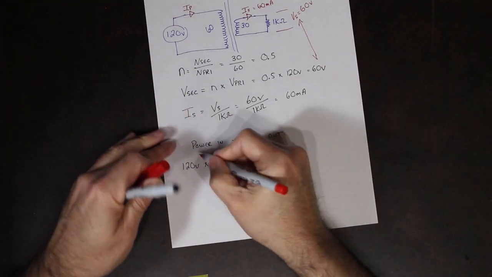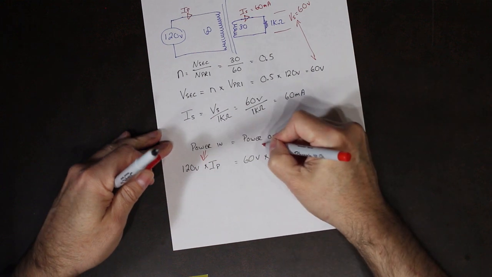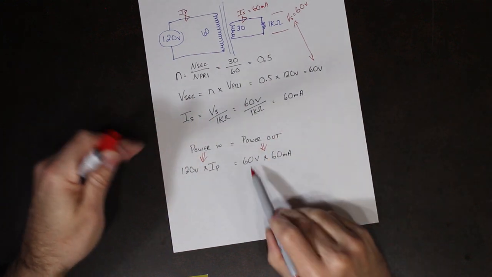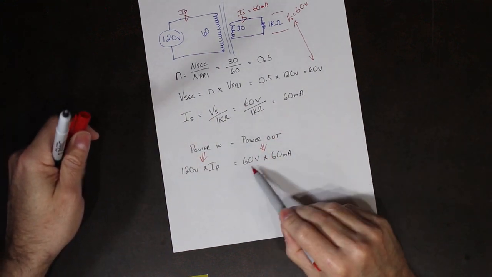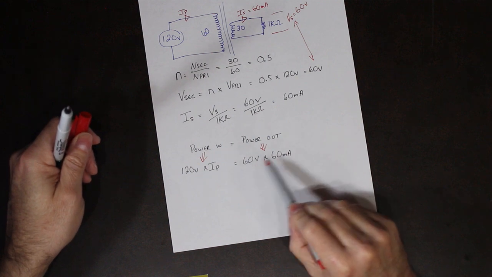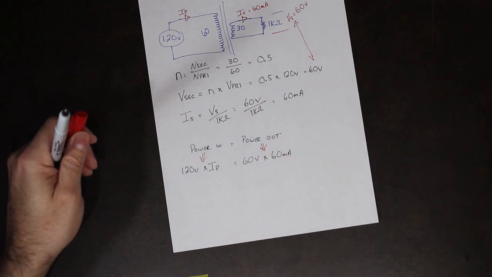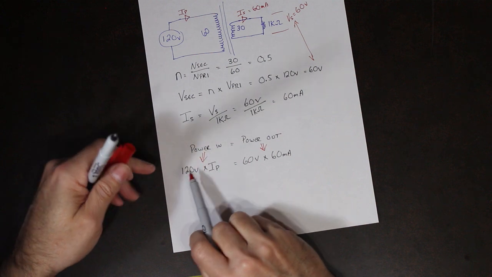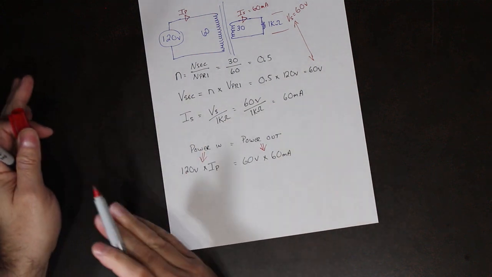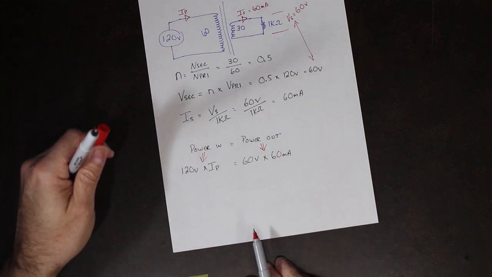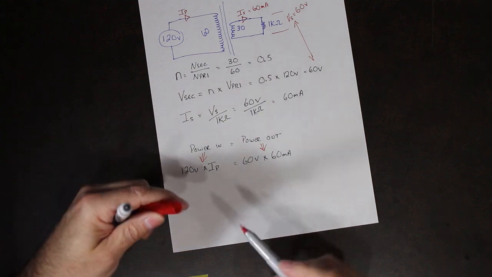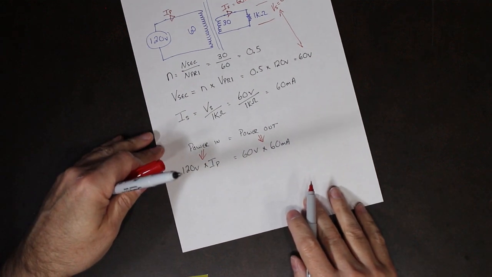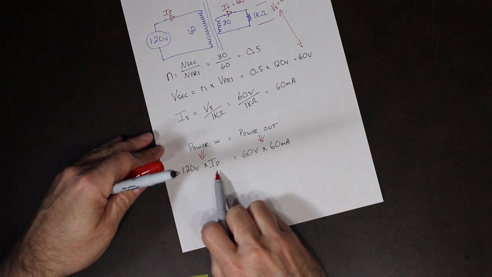Power out is voltage times current on the secondary side. Power in is voltage times current on the primary side. They are equal, so you can rearrange these numbers and solve for IP.